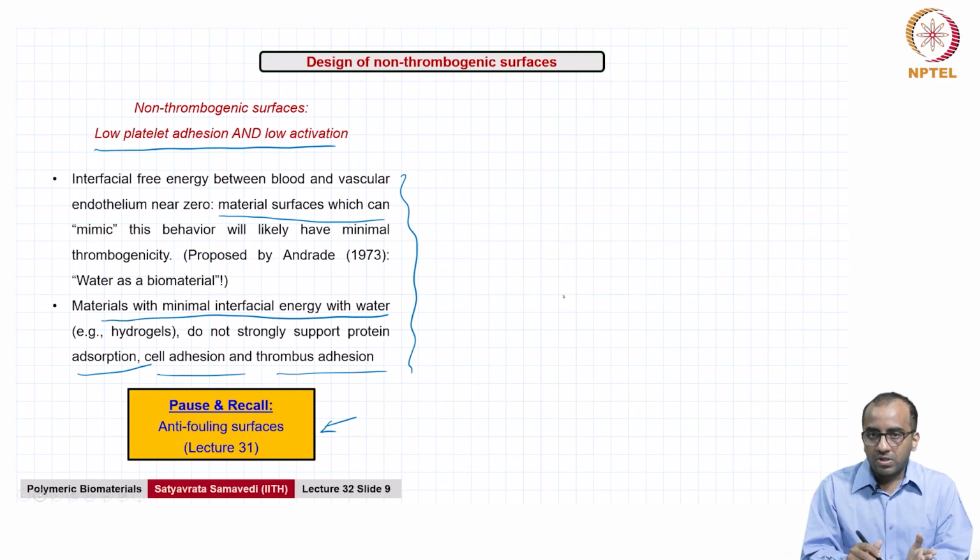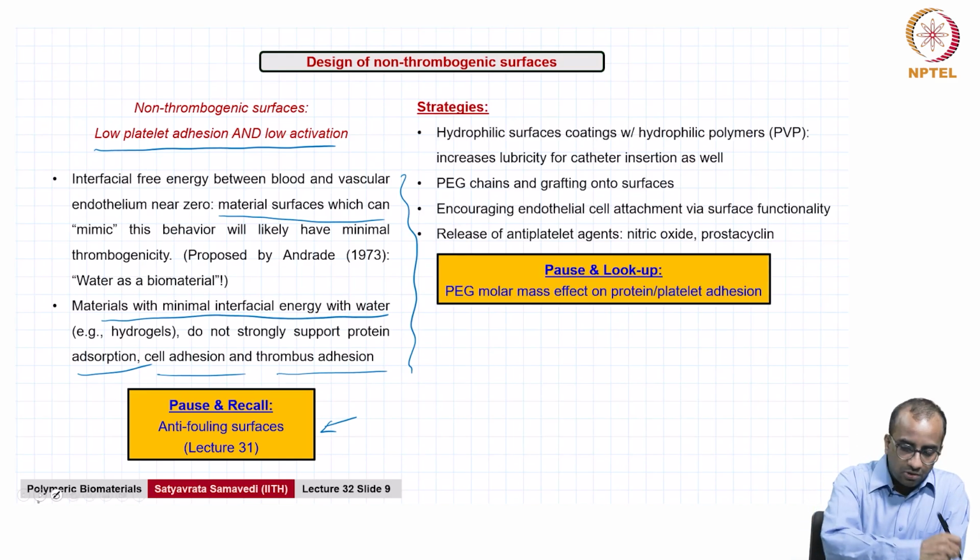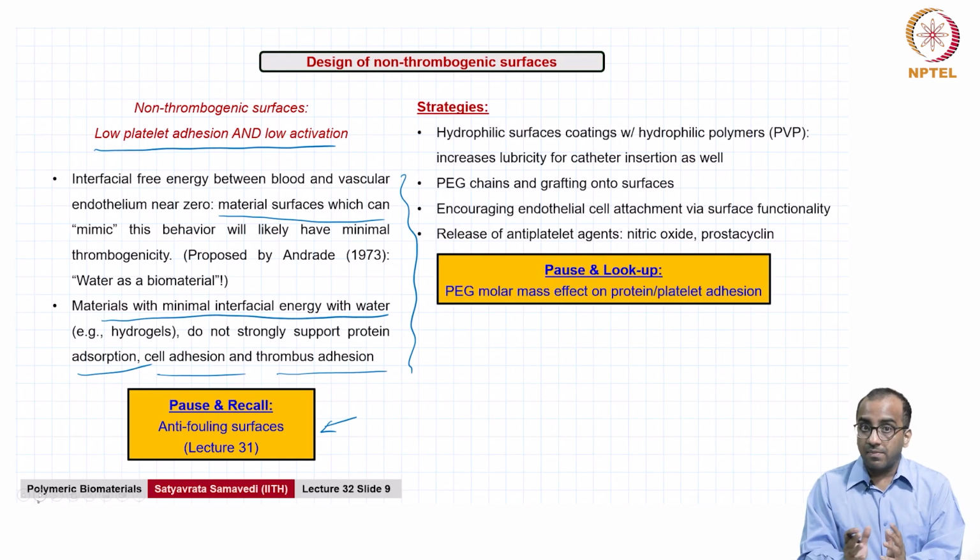So, having noted that the intrinsic vascular endothelial layer within the blood vessel itself serves as a good anti-thrombotic surface, we now move on to looking at some strategies from a biomaterial perspective that can help towards the design of non-thrombogenic surfaces.